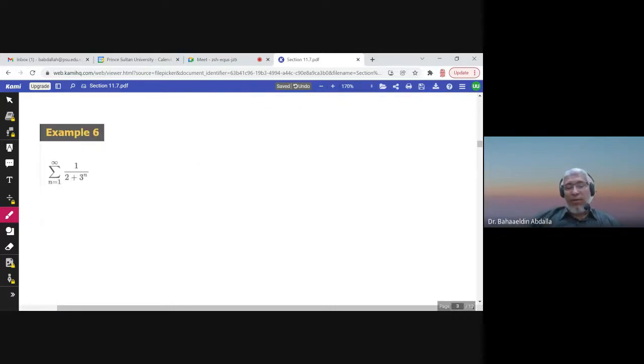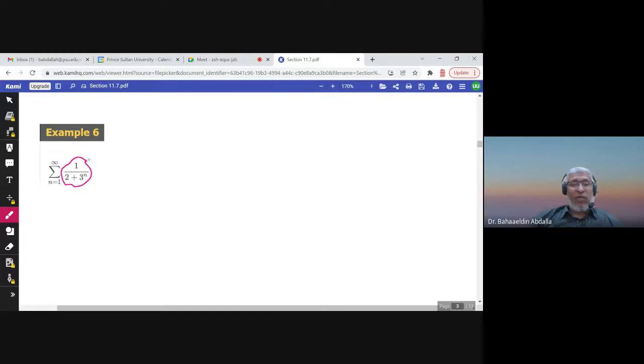Well, here I have 2 to the power 1, okay, and there is a plus 3 to the power n. So the limit of this is 0 when n goes to infinity. Test for divergence is not there. But this is similar to 1 over 3 to the power n.